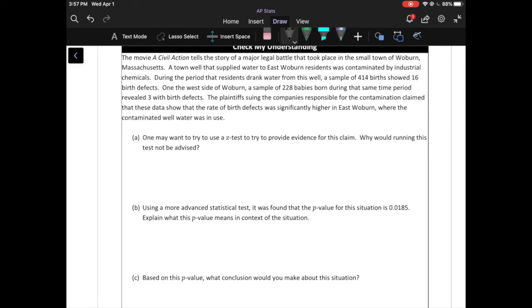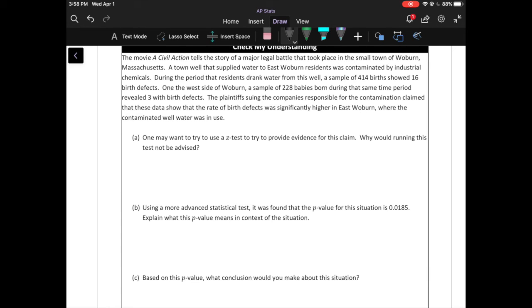The movie A Civil Action tells the story of a major legal battle that took place in a small town of Woburn, Massachusetts. A town well that supplied water to East Woburn residents was contaminated by industrial chemicals. During the period that residents drank water from this well, a sample of 440 births showed 16 birth defects.